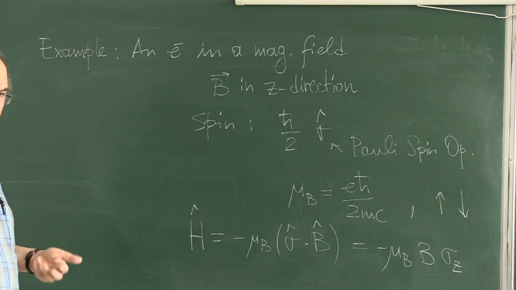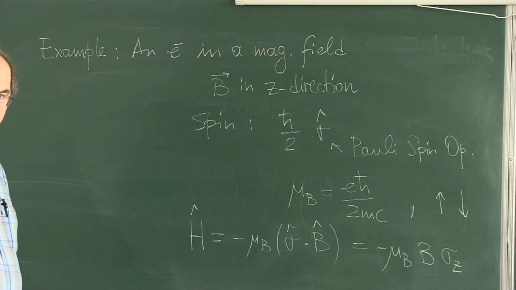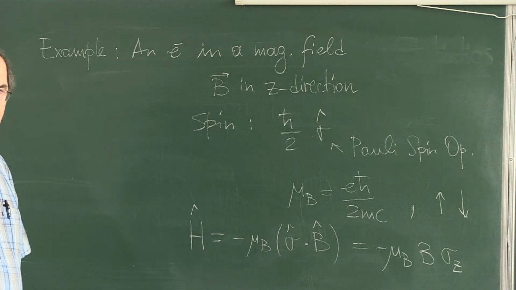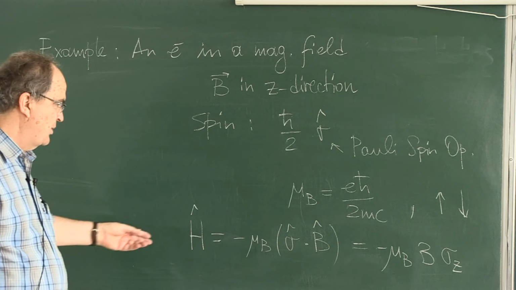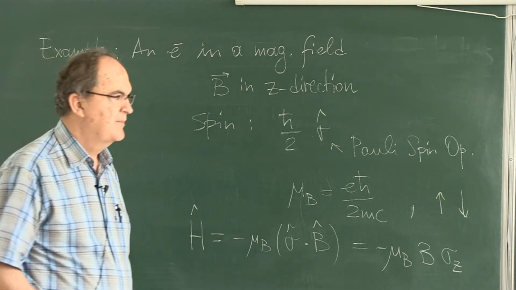So it is going to be nice if we take a representation in which sigma Z is diagonal, isn't it? So the Hamiltonian will be diagonal in that representation.